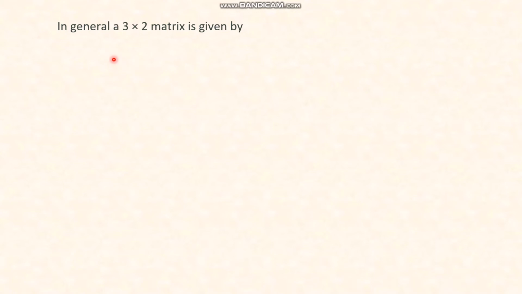So we'll write the 3 by 2 matrix in the following form: a11, a12, a21, a22, a31, a32. So if I see this entry a21, it represents second row and first column. See, this element is at the second row, and it's in the first column. So this is how we generally write a matrix.